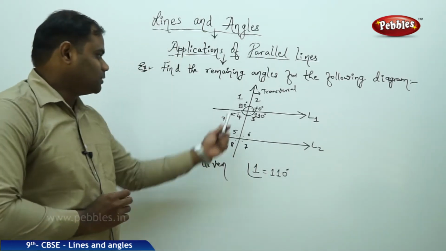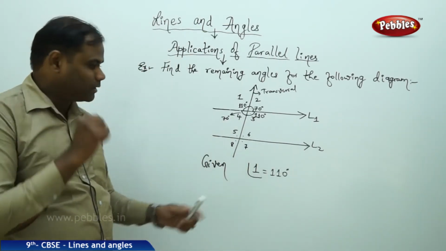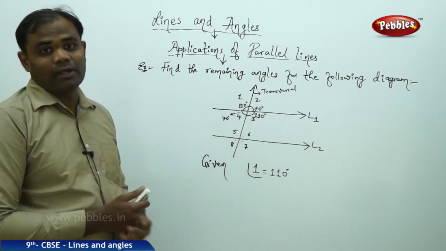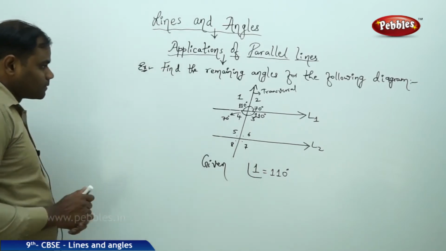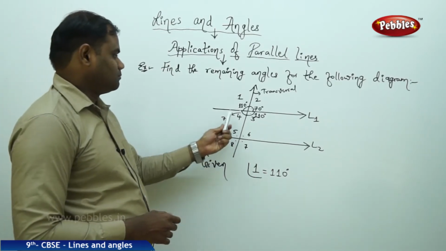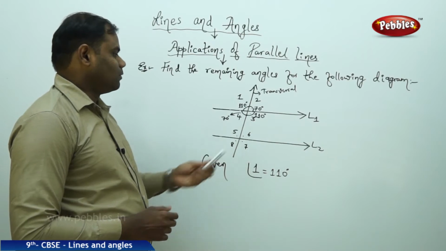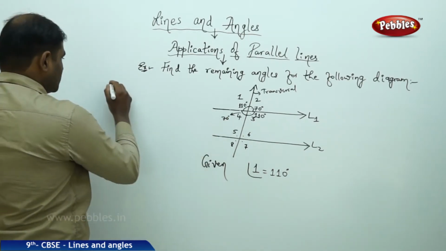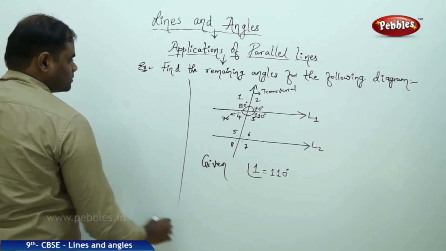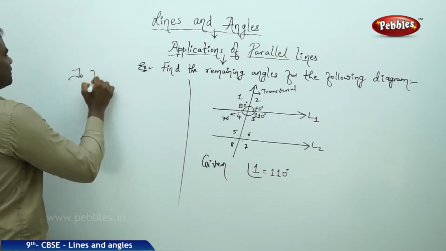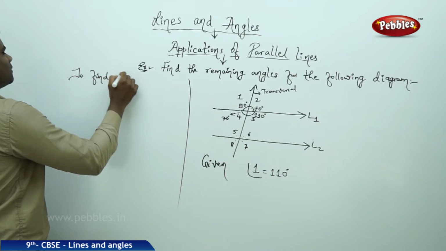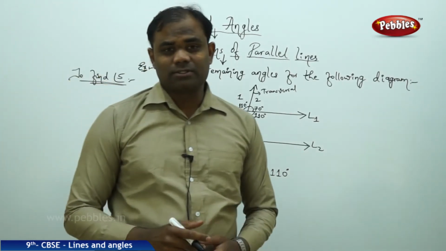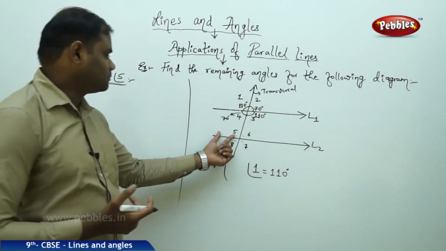Now that we have found these 4 angles, let's see how we can connect this set of 4 angles with this set of 4 angles. So let's start with angle 5. As clearly we found angle 1 which is 110 degrees, now the question comes on finding angle 5. Let's see how we can find the next angle, angle 5.